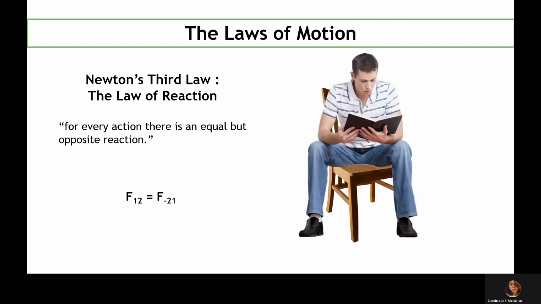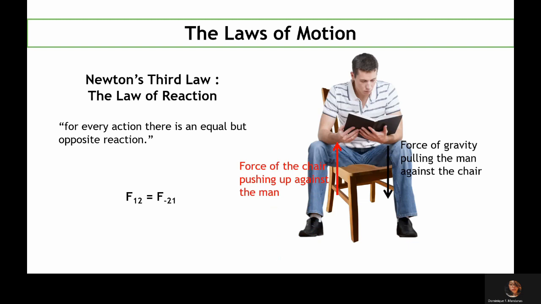They are equal forces but opposite in direction. So, what if wala yung equal but opposite force na ito ng chair? Anong mangyayari sa scenario na ito? Once na mawala itong equal but opposite force na ito, mawawalan ng equilibrium ang chair at ang man.